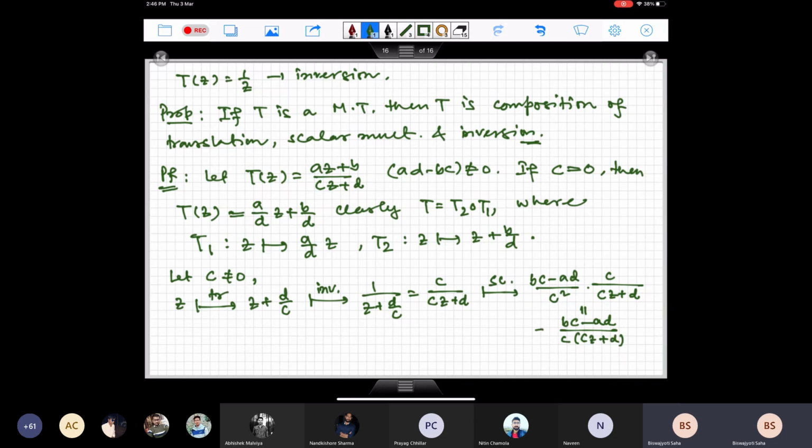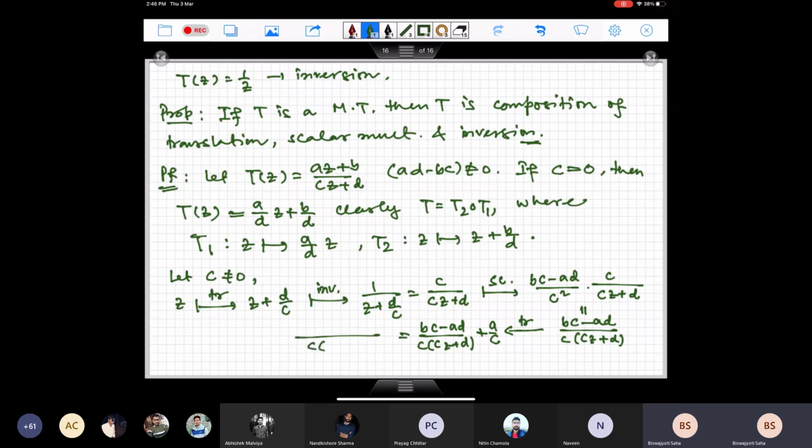Okay, so after this, I give it a translation. So I have (BC minus AD) divided by C into (CZ plus D), and I translate this by A by C. Therefore, what is this going to be?